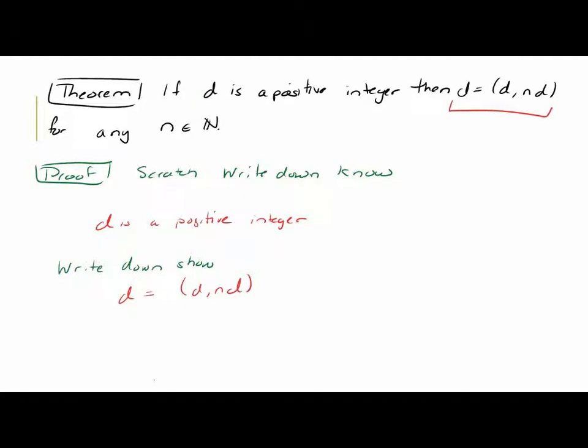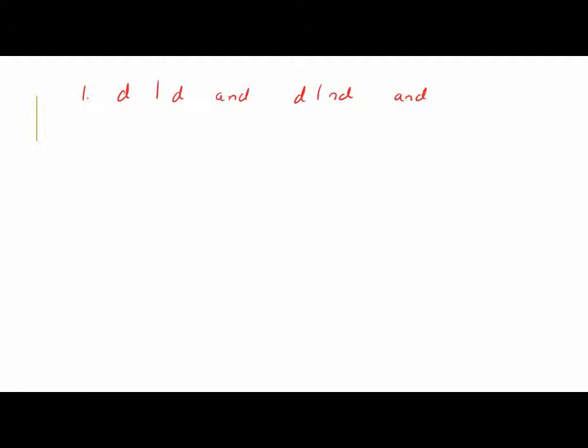Write down what you have to show. Well, I believe that D is the greatest common divisor of these two, D and ND. Well, I have to expand that. That actually has definitions associated with it. So I go look up the definition and write down what it is I have to show step by step. Line it out.